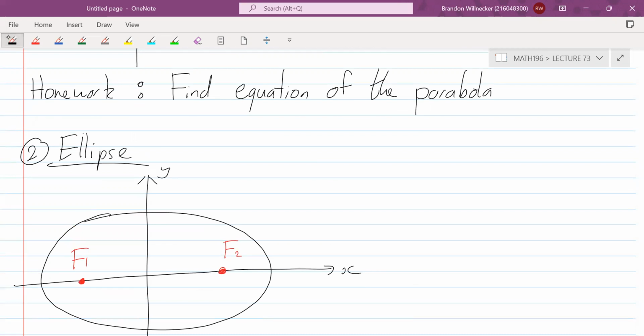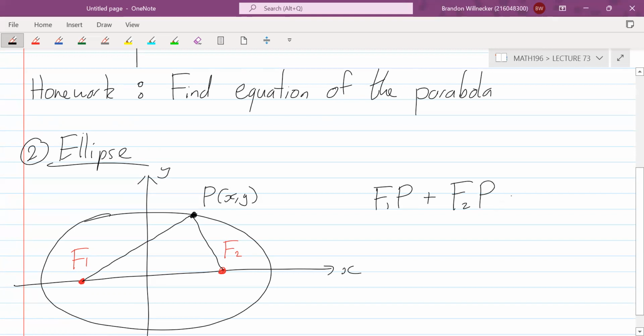If we look at this distance here and this distance here to point P, so this is P(x, y), then the defining feature of an ellipse is that the distance F1 to P, let's call that F1P, plus the distance from F2 to P, F2P, is equal to a constant.